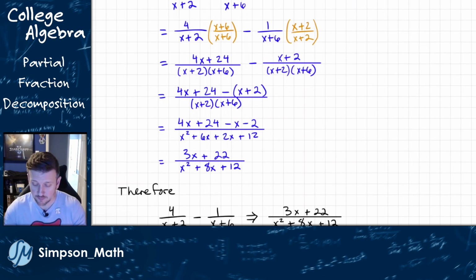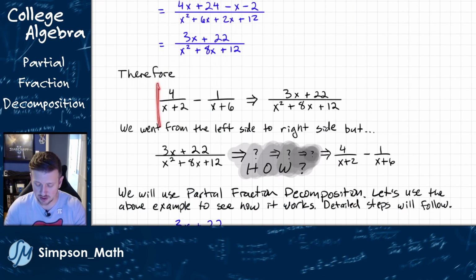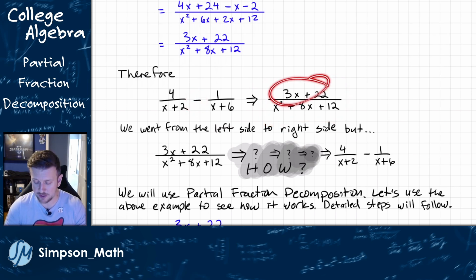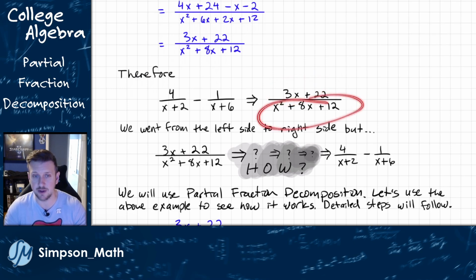Further down the problem, we combine like terms, and we end up with this. So we were able to start with these two separate fractions, subtract them, and end up with this combined rational expression, where I have a polynomial divided by another polynomial.